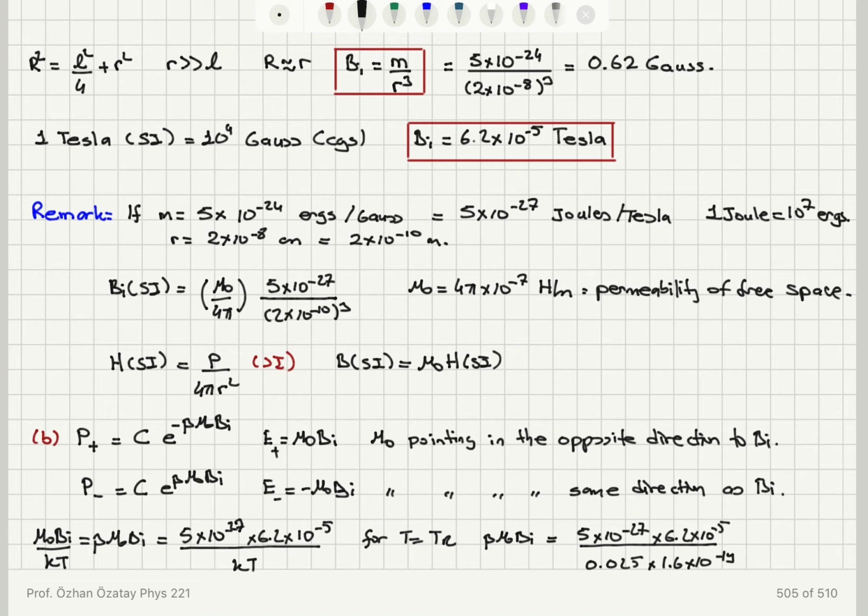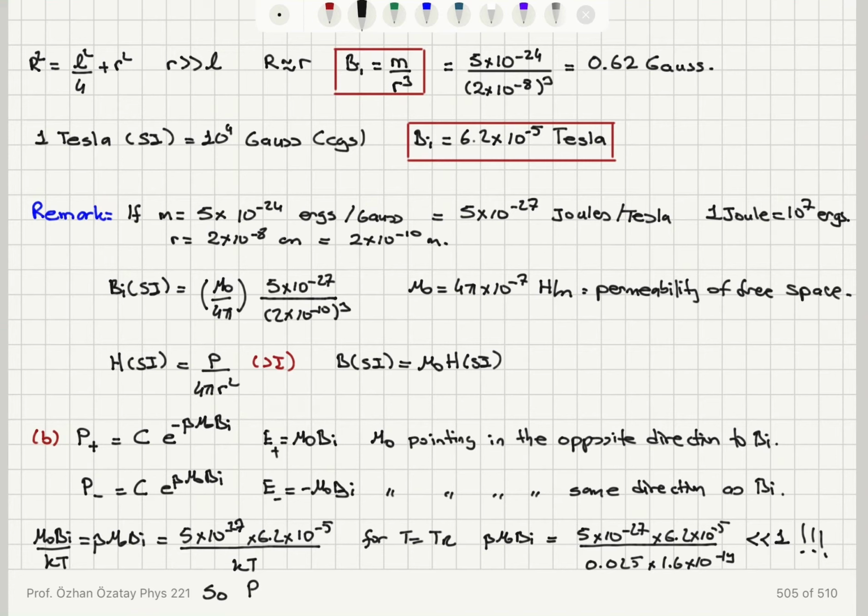So you can see this would be 2.5 10 to minus 2, and 10 to minus 19 would give us 10 to minus 21. So this number is small. It's much less than 1. Okay? So I can use a Taylor series expansion.